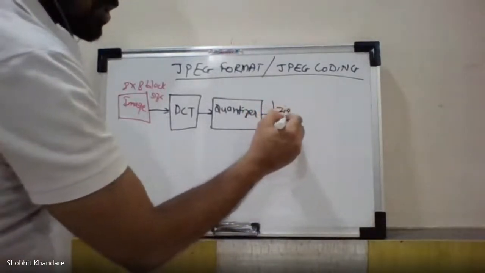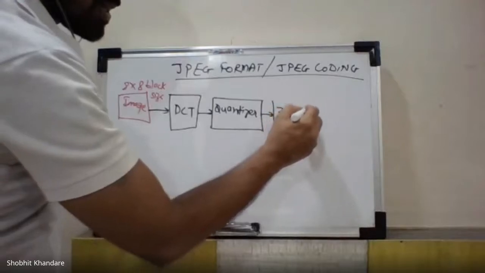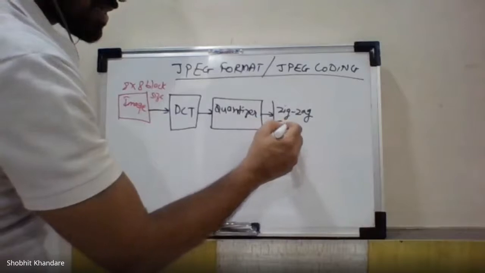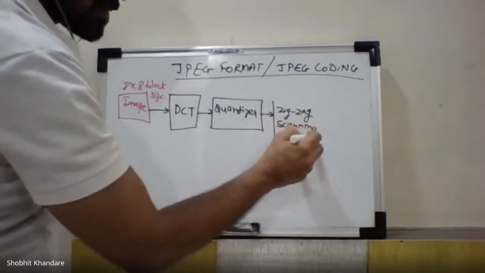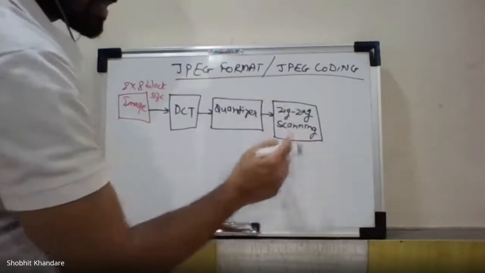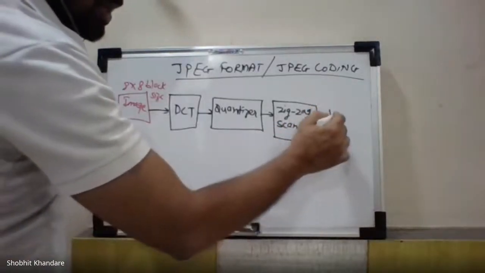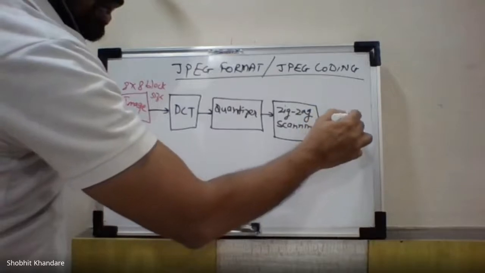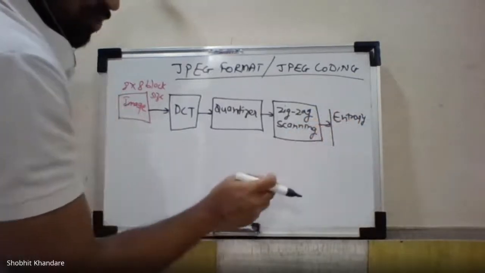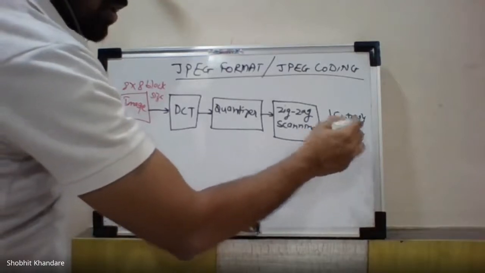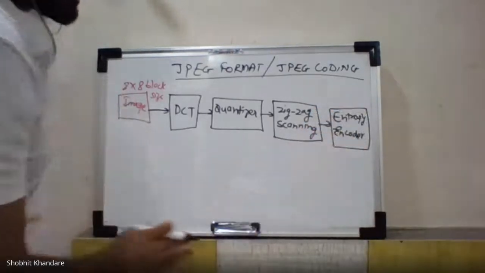Then this is processed through zigzag scanning. Then it is given to the entropy encoder.